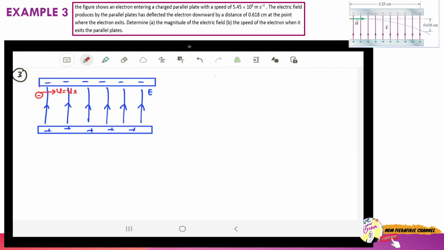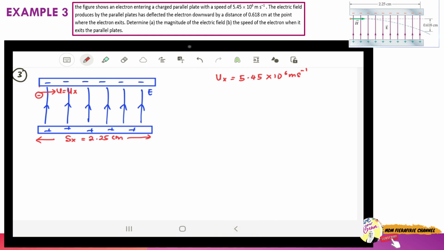Given that Ux is equal to 5.45 exponent 6 meter per second. Please take out all the information given by the question. In this diagram, the length of the plate is 2.25 centimeter, which is the value of Sx, 2.25 centimeter.